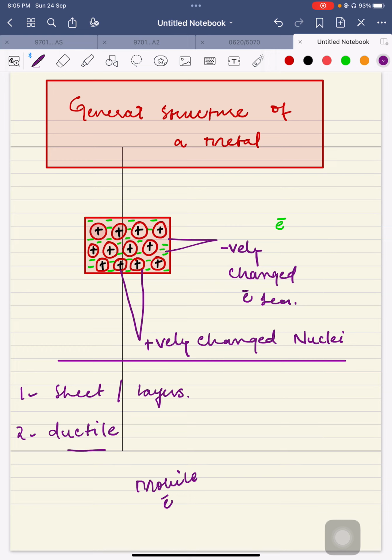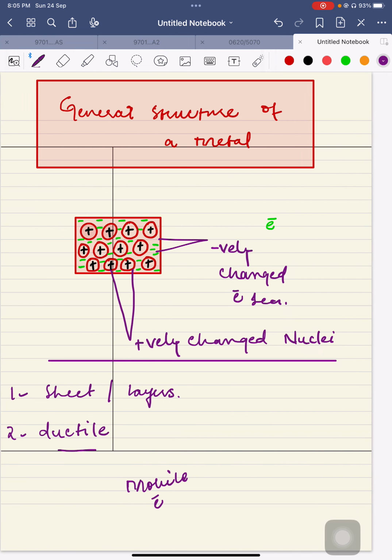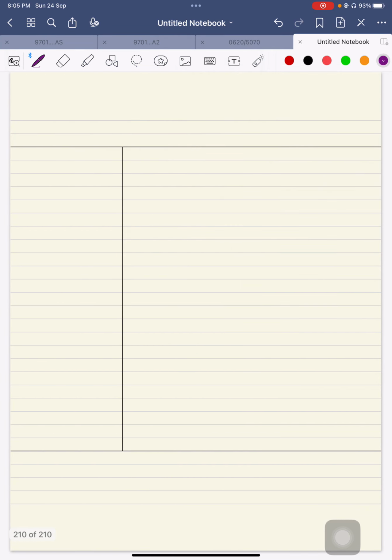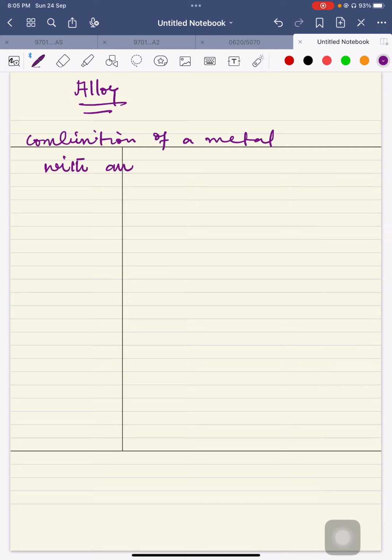Okay, now I'm changing the page and taking you to a new concept, and that new concept is related to alloy. So what is an alloy? An alloy is basically a combination of a metal with another metal or a non-metal.